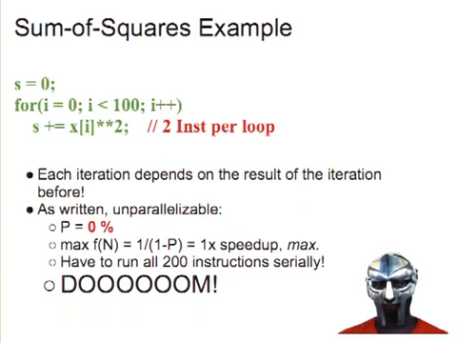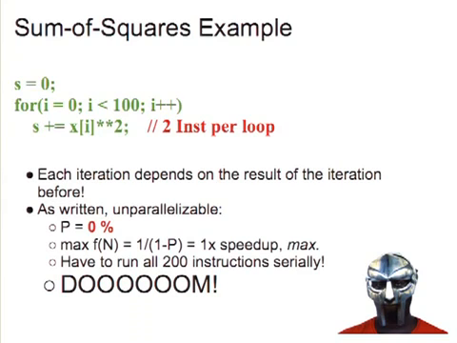So here we go. Let's talk about this for a real algorithm, one that I use every day. Sum of squares. All right, s equals 0. For all of the elements in my array, I'd like to add the square of that element to s. That's 2 instructions per loop. And by the way, it's plus equals, so the value at step k depends on what k minus 1 was doing.